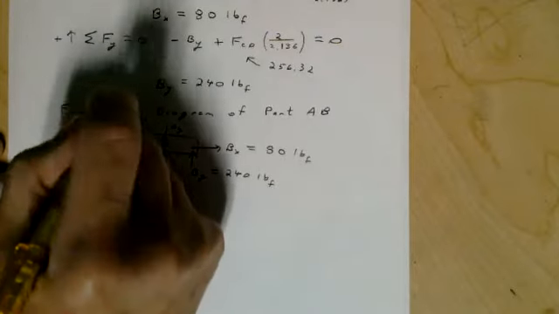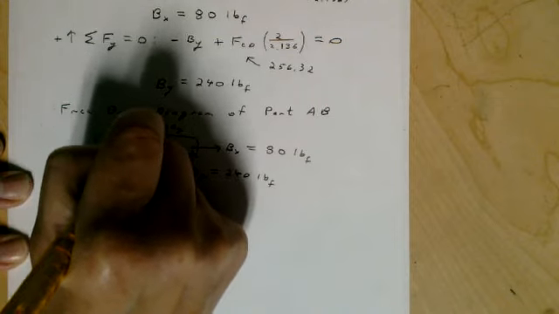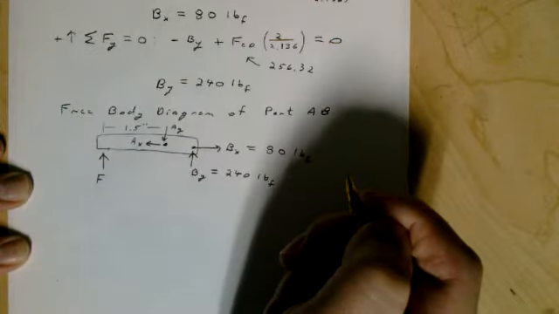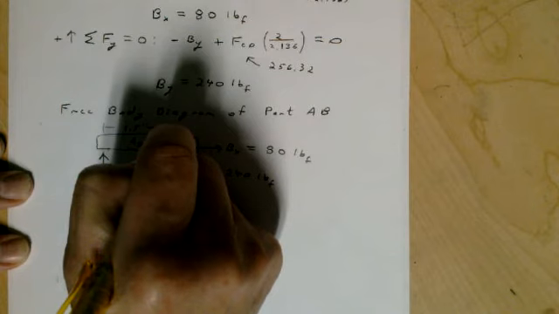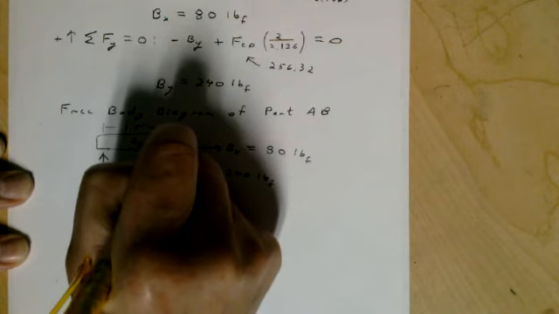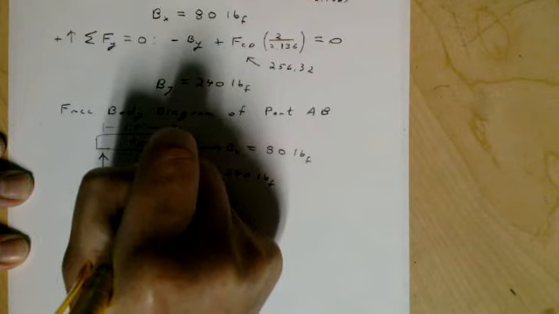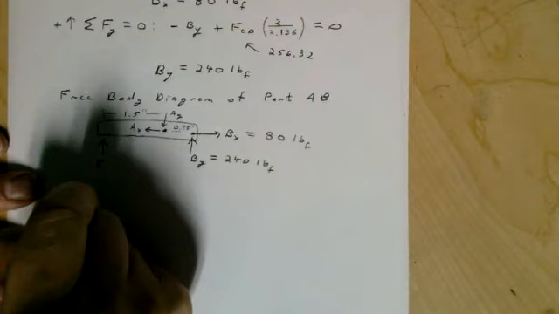From F to A is going to be 1.5. And so from A to B is going to be 0.75. So let's sum moments about A.